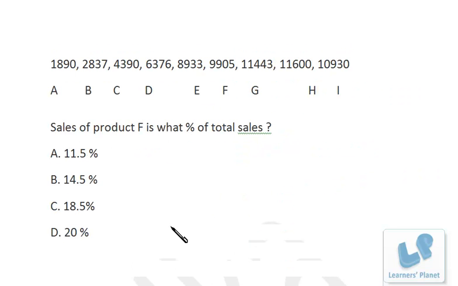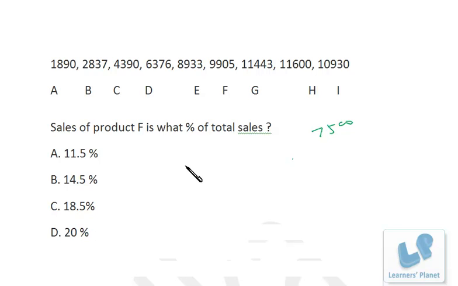Now in this question, sales of product F is what percentage of the total sales? We have already calculated the average in the previous question. So average was actually 7500. Now what I have to do is find out the sales of product A is what percent of total sales. Total sales, that means the entire calculation.